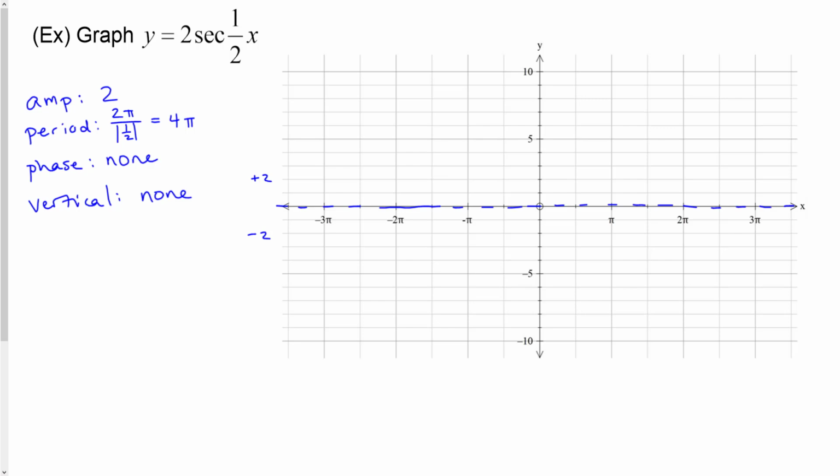Okay, now to fill this in, I know the graph of cosine. It starts at its maximum value when you're at 0. So at 0, cosine is going to be up here at 2, which is the maximum distance away from my horizontal axis. It's going to take 4 pi to return back, and 4 pi isn't exactly on my chart here, but it's going to be somewhere, say like right there.